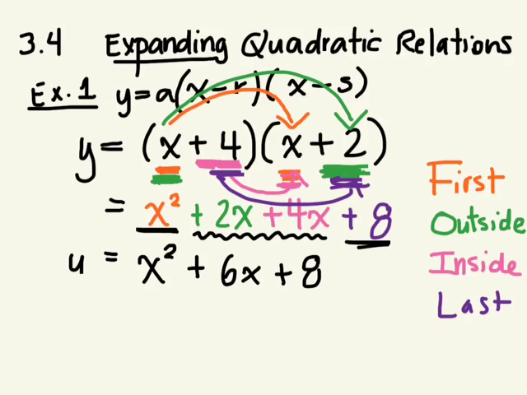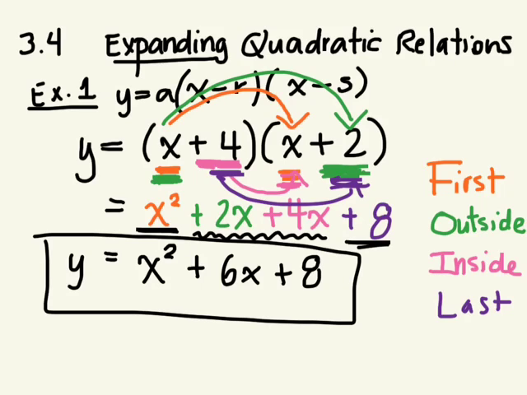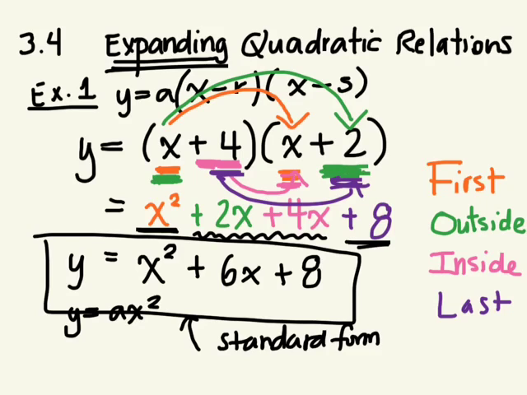No. That's our answer. So now that we've expanded, this is now in standard form, which is y equals ax squared plus bx plus c. We know we're finished because all of our terms are unlike terms. I can't add an 8 to an x, and I can't add an x squared to an x.